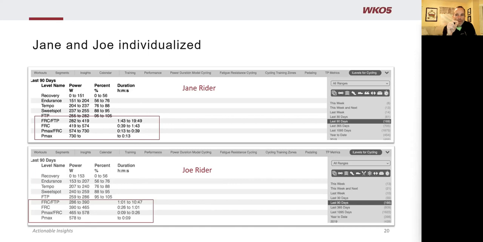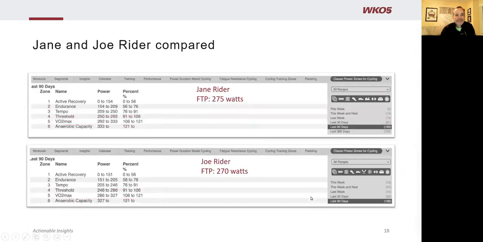Now, one thing to note: when you look at zones 2 and 3, the old classic below-threshold zones, we still use percentages there. We never bothered to individualize them because every time we do, we come up with the same number. Remember that variation chart? I should have put that in here. We didn't see much variation at all in the athletes.